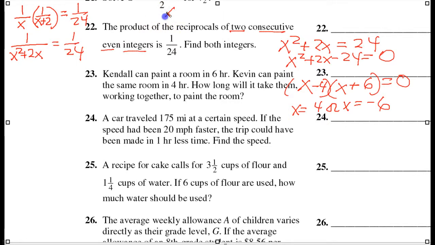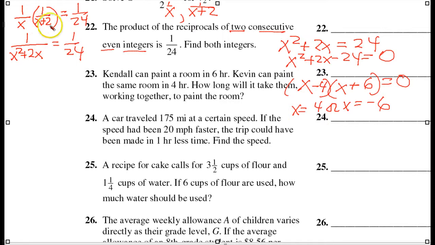Well, the first number is x, the second even integer, x plus 2. So what are the reciprocals of these numbers? Well, it will be 1 over this and 1 over that. And that's what I have here. So the product will be, you're going to multiply these two together, and it's going to equal 1/24.